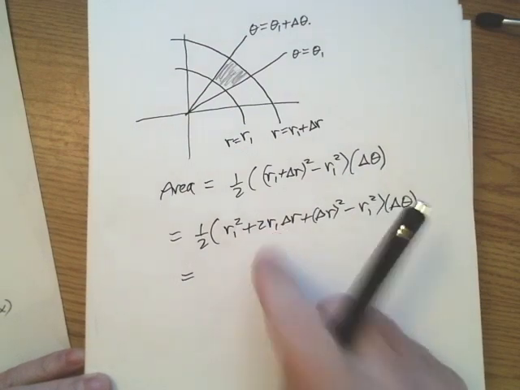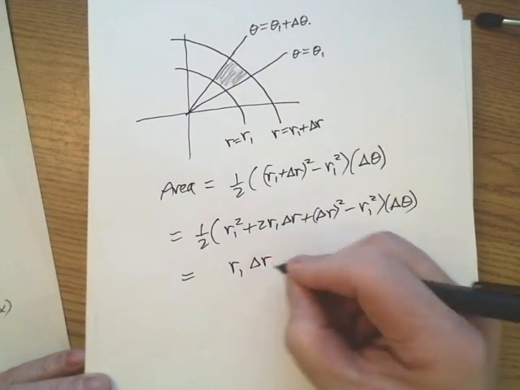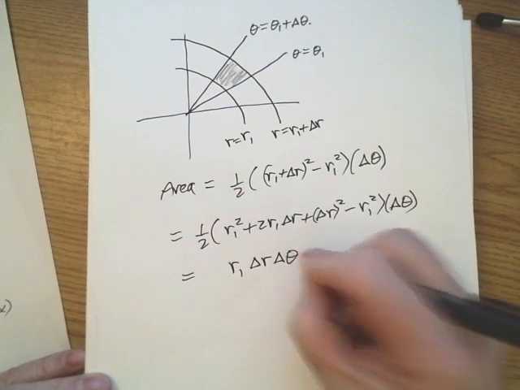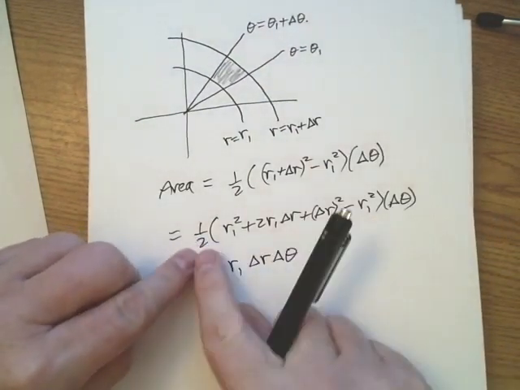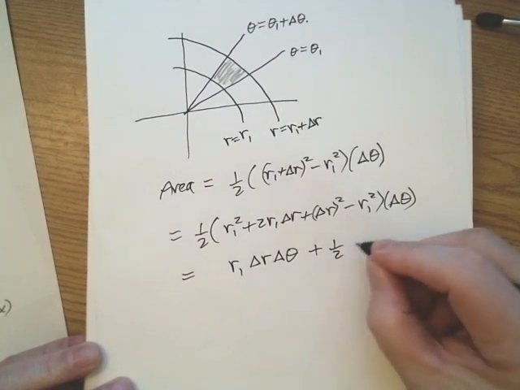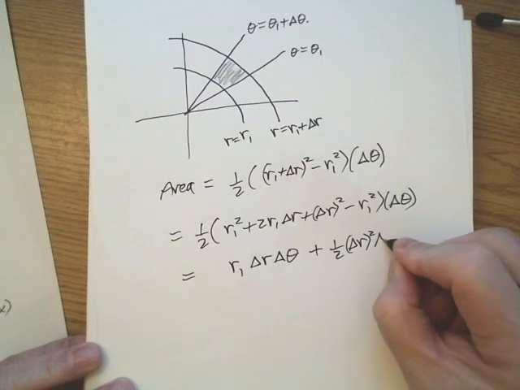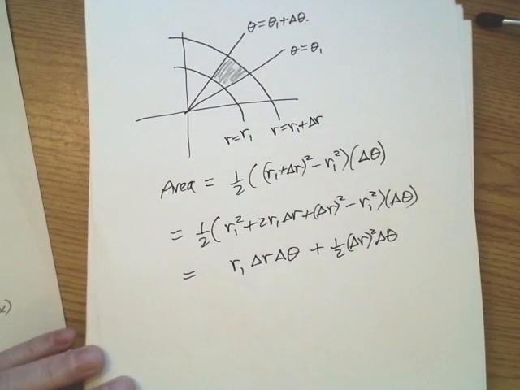And then I've got half of this guy, so that's R1 delta R delta theta. And then for the rest of it, I've got what? 1/2 delta R squared delta theta. So this would be the area that I'm looking for.